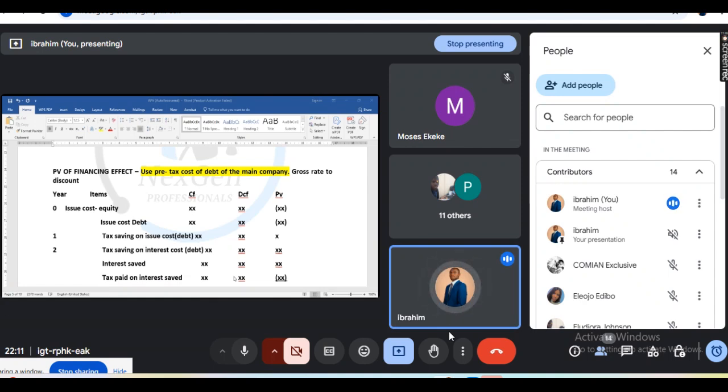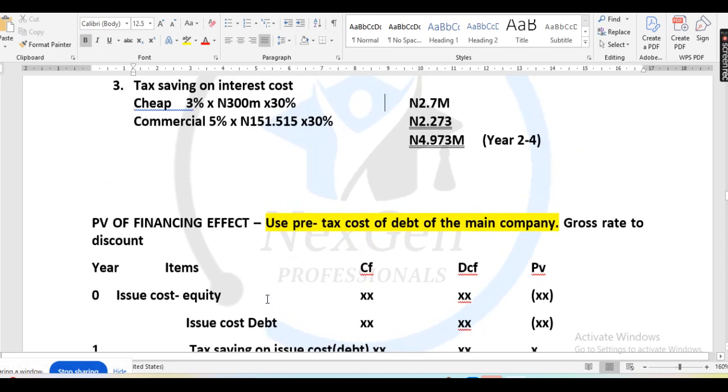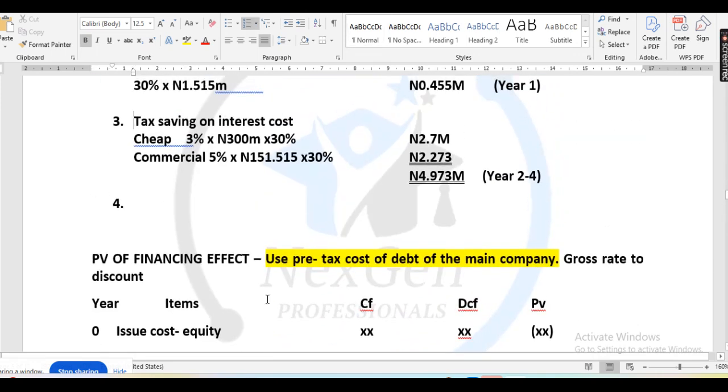You can use interest saved, you can use tax savings. Just use interest saved instead of savings on interest. Just use interest saved, it will be fine. So now step 4, interest saved.